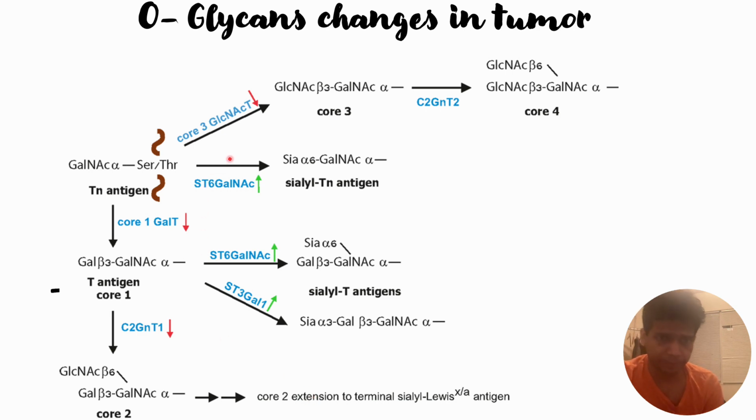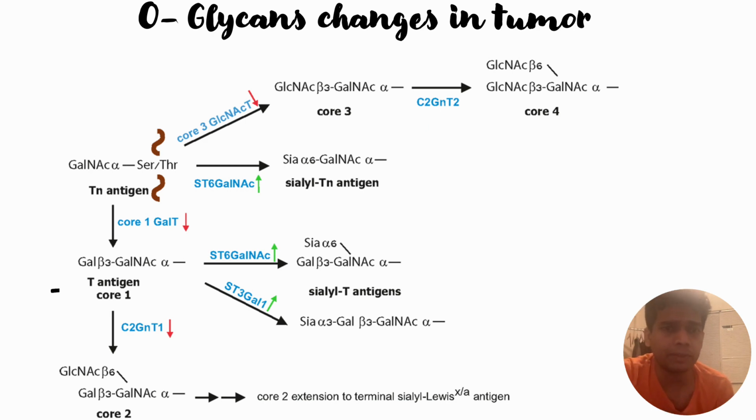Moreover, core 3 GalNAc-T enzyme downregulation has also been observed in the case of tumor cells, and this leads to further downregulation of core 3 structures, and core 4 structures are less found in the case of tumor cells compared to the healthy cells.